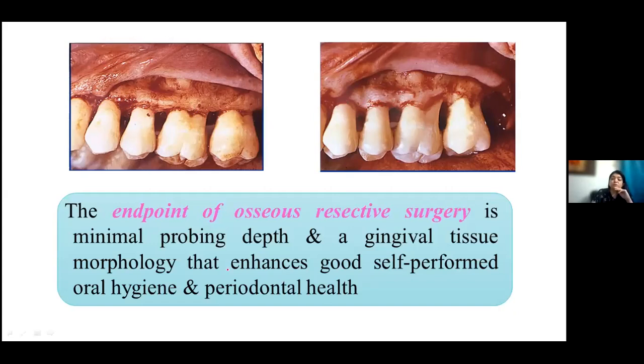So the endpoint is that when the gingiva is placed back, there should be minimal probing depth, and there should be a restoration of the gingival tissues to such a level where the patient can maintain it. There are no pockets where food is getting lodged and further periodontal degradation is happening. So this is the goal.